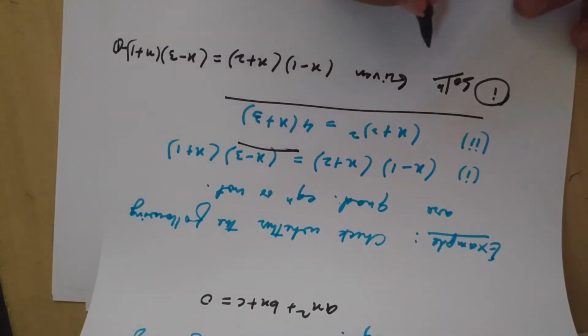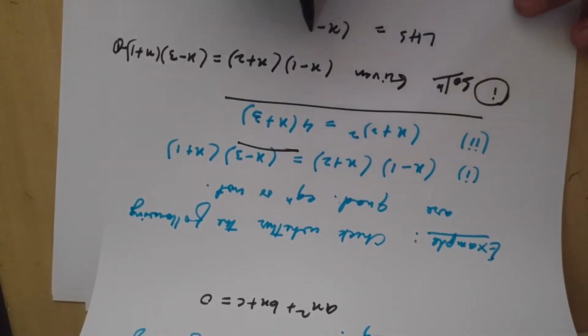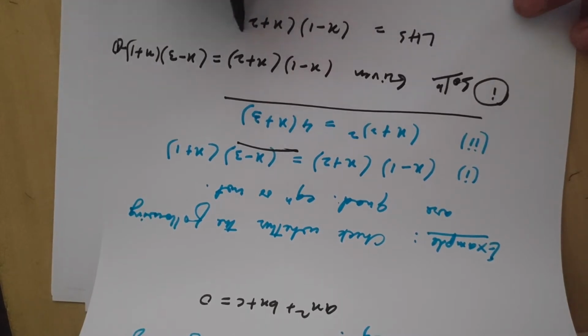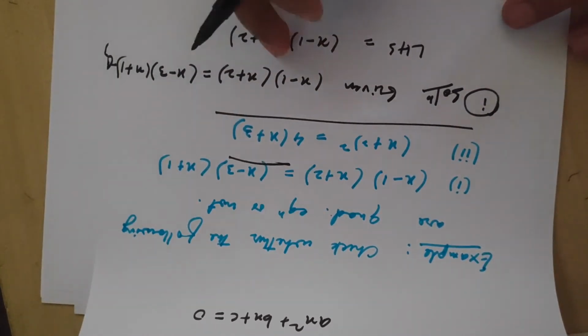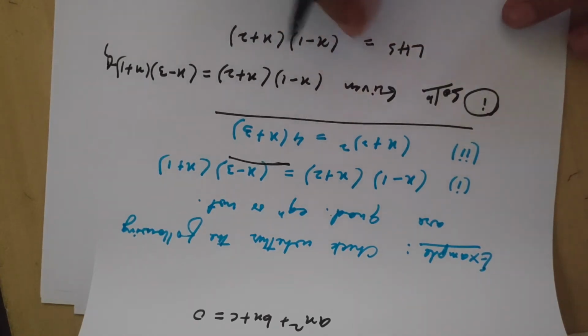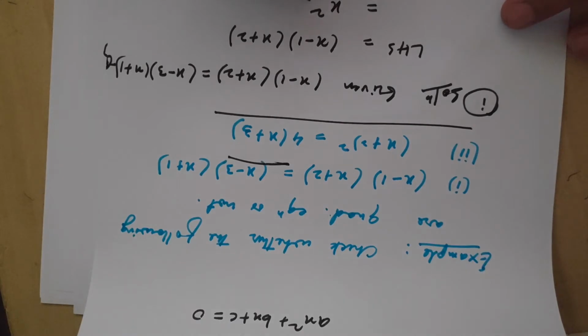Okay, so we're going to solve all this. First we can do the left hand side. I wrote this one. As you can see, this is the left hand side and this is your right hand side. I hope you are aware of it. So what we're going to do is multiply this, for example x into x is x square, otherwise it's just like a formula: x square plus 2x minus x minus 2.